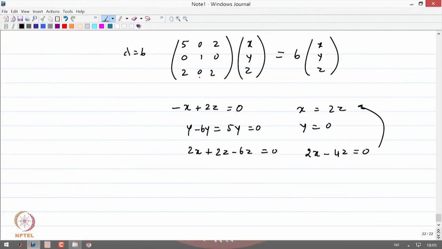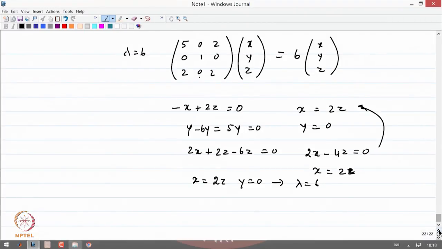That is the same thing as the earlier equation, namely x is equal to 2z. Okay. So, the solution is that x is equal to 2z and y is equal to 0. This is the eigenvector system for eigenvalue lambda is equal to 6.